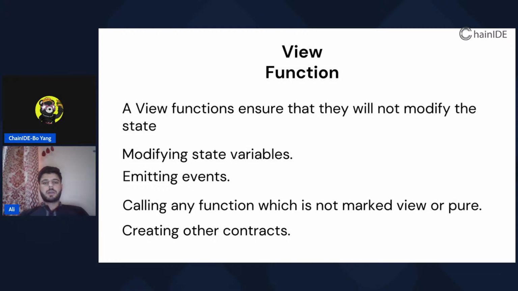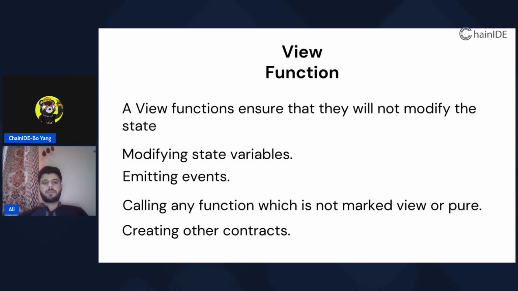There are different types of function modifiers. Before, we talked about different types of functions: public functions and private functions. Public functions can be used in a derived contract, and private functions can be used only in the smart contract, not in the derived smart contract. Here we have two modifiers, view and pure.